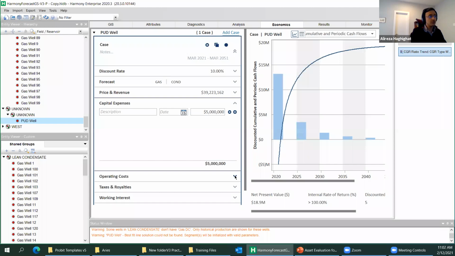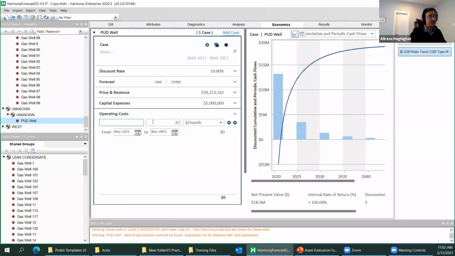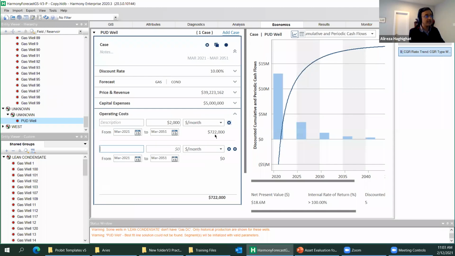Then you need to specify your operating cost for this specific well. We define two different operating costs. First is monthly operating cost, and second is your variable operating cost, which is a function of how much gas and condensate you produce. So for the case that we are dealing with, fixed operating cost, we assume $2,000 per month, and then we add one more cost, which is your gas processing cost.